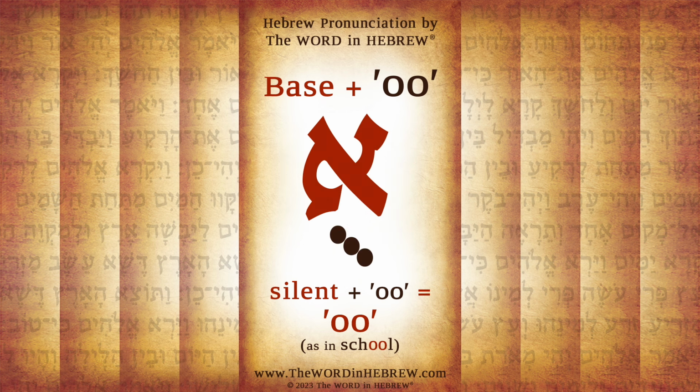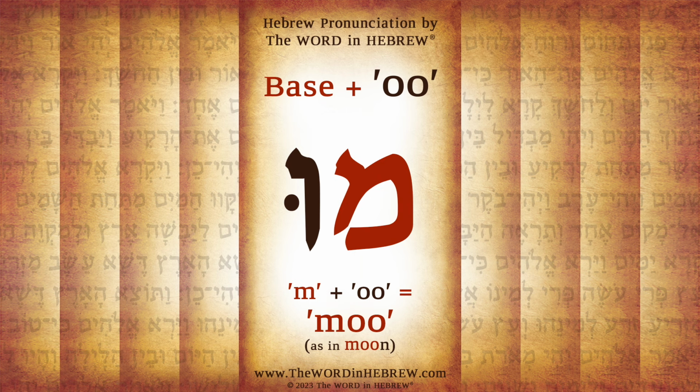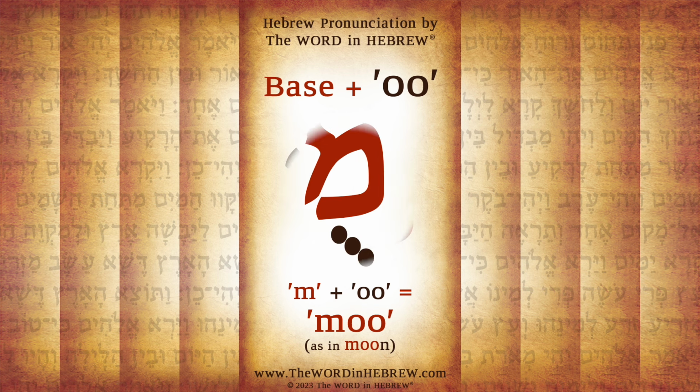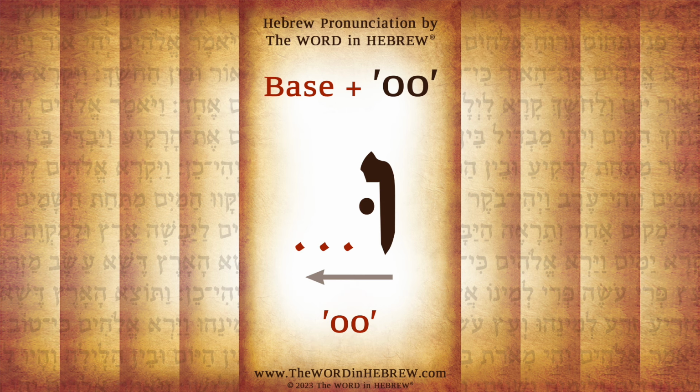And it's the same with this vowel. The base sound of mem is m, plus oo makes mu, as in moon. And it's the same with this vowel. Now, when you see this oo at the beginning of a word, it makes oo and is a prefix for and.